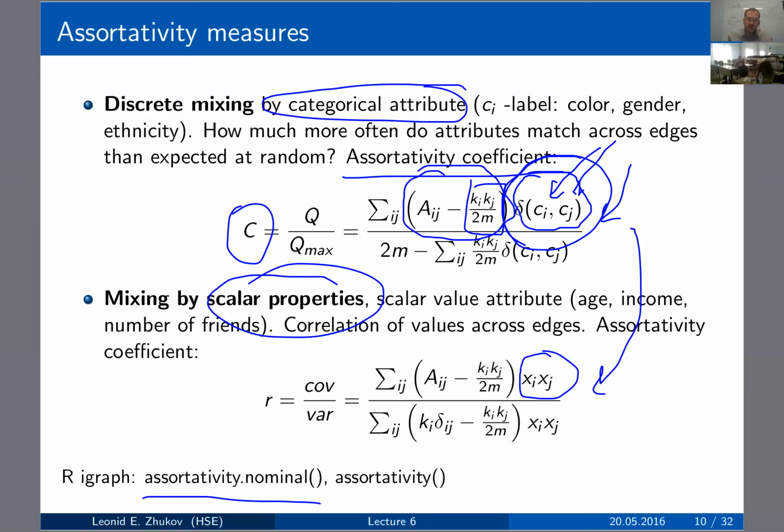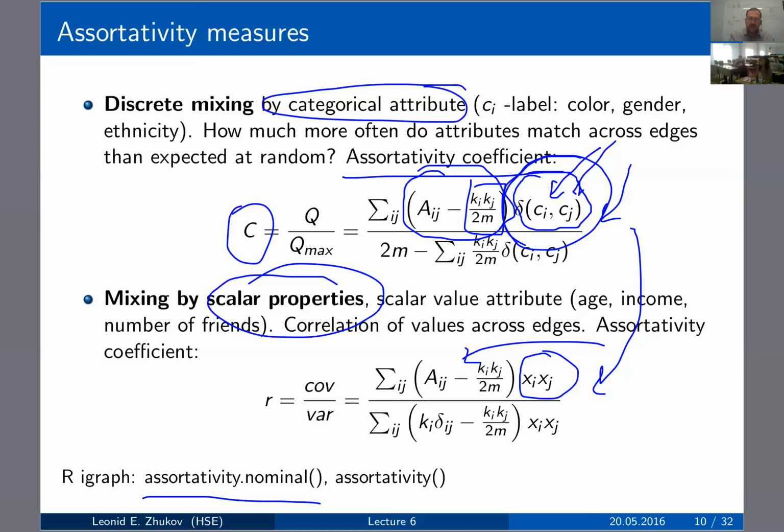And it's also comparing the correlation you have to the correlation that the graph would have if the connections were random. That's assortativity when you have scalar values, right?